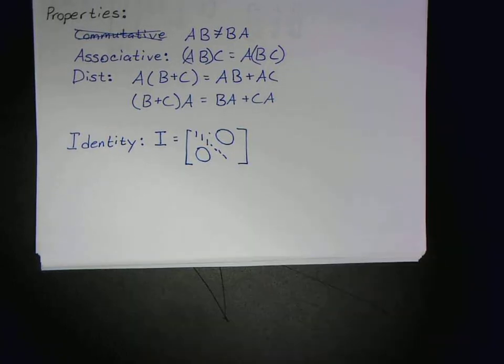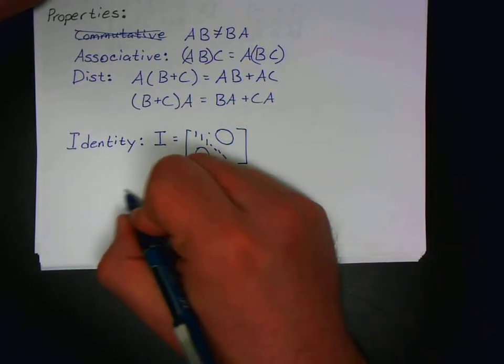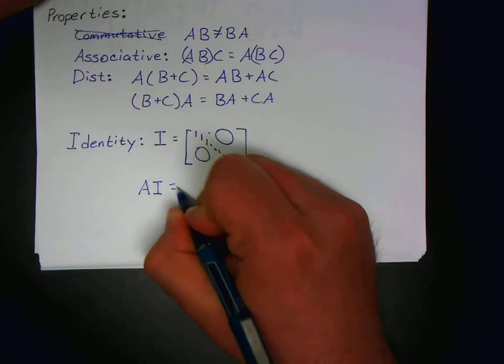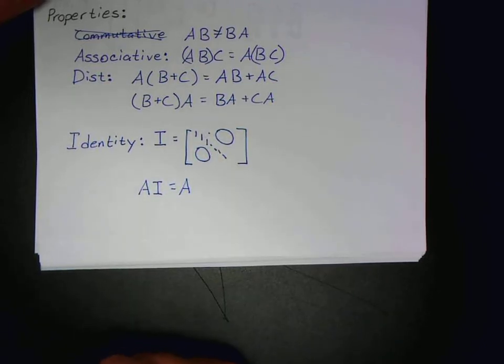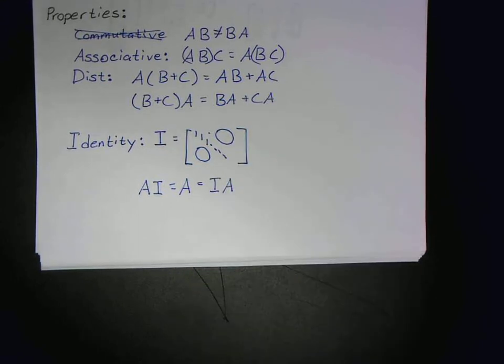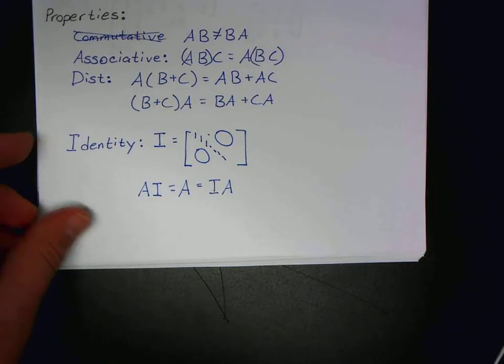And that works like a 1. So if I take a matrix times I, I get that matrix back. It doesn't matter which side I multiply the I on. So that'll be important for some of our stuff coming up.